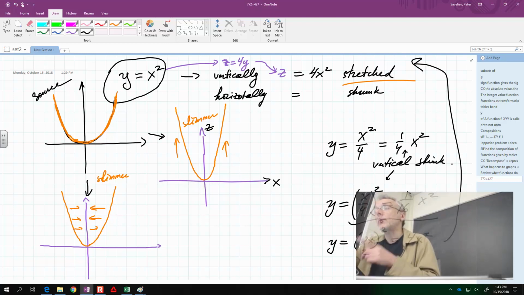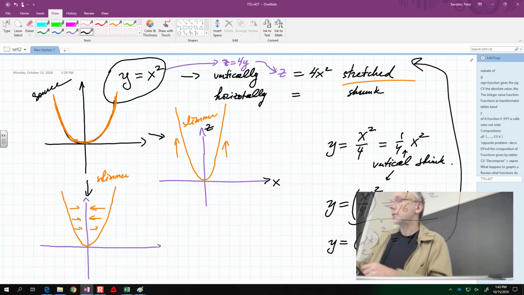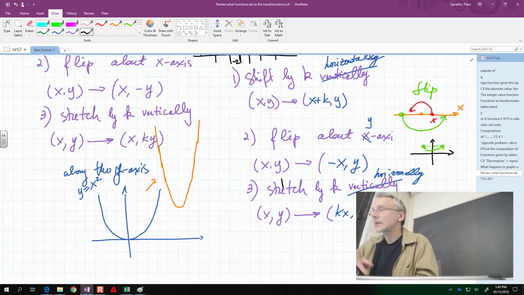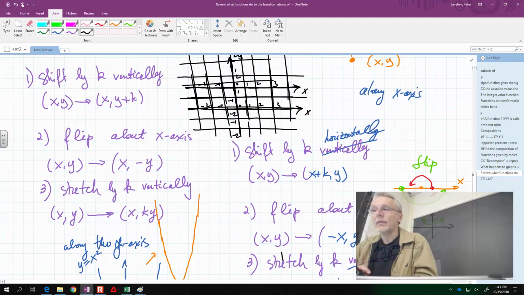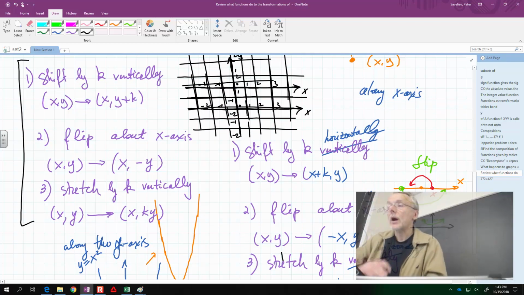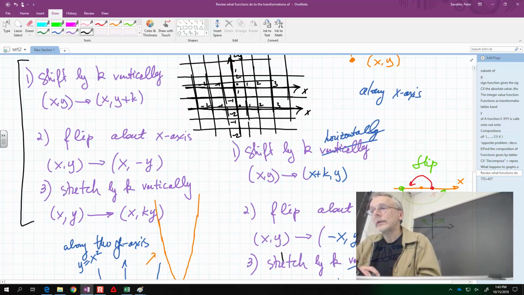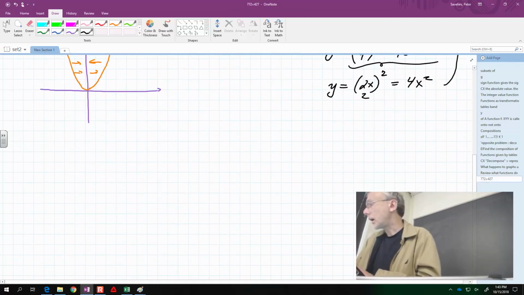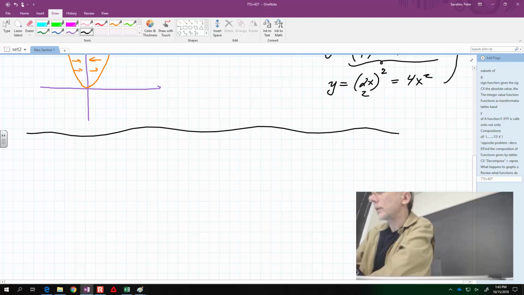So that applies to shrinking, stretching, flipping, and shifting. It works out exactly as we would expect based on this analysis on the left. On the right, it will be more complicated. But let's just look at the vertical transformations first and list them so that at least we'll put that behind us.